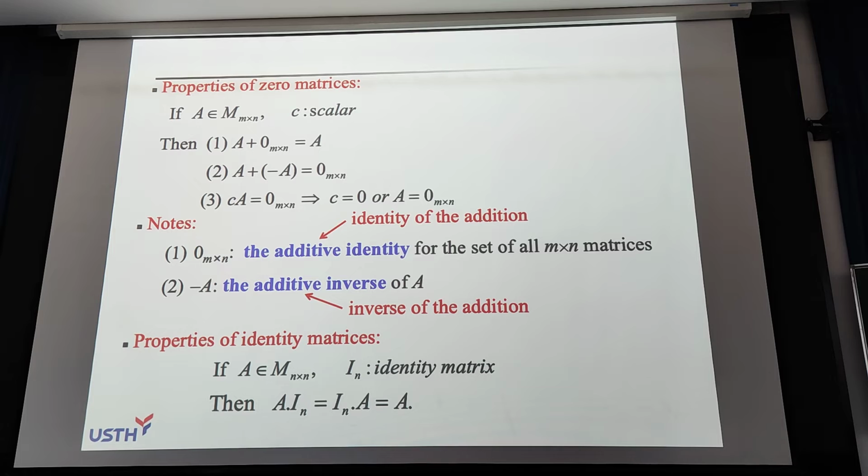Then you will have A times I_n equals I_n multiplied by A equals A. It means that if you take the square matrix of order n multiplied by an identity on the right side or on the left side, nothing changes. You always receive the matrix A. That you can verify by the definition of matrix multiplication and by the definition of the identity matrix.